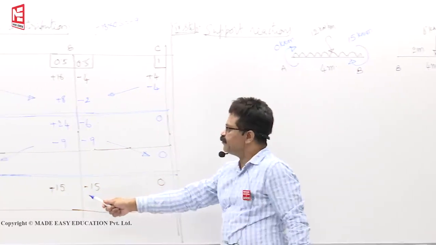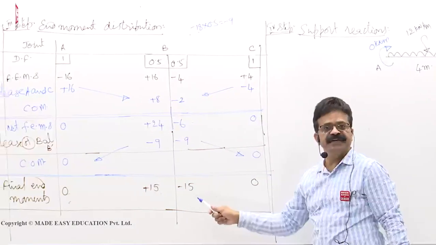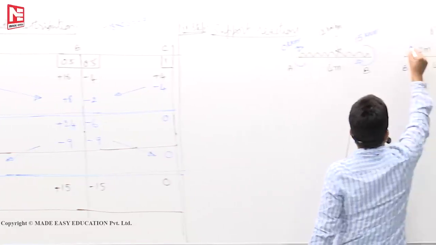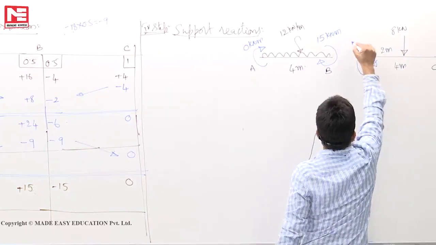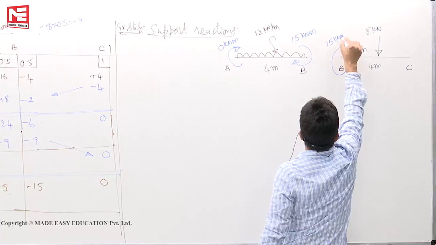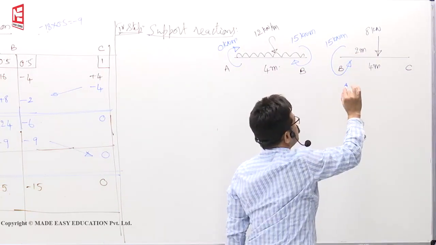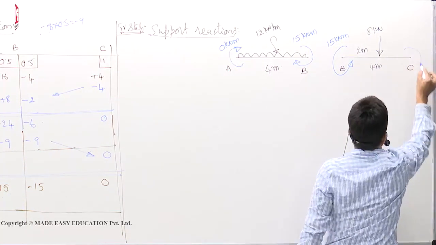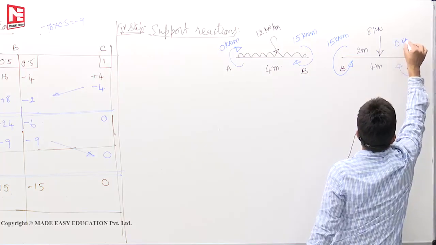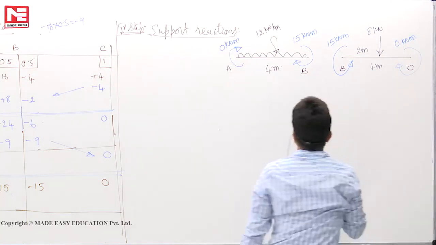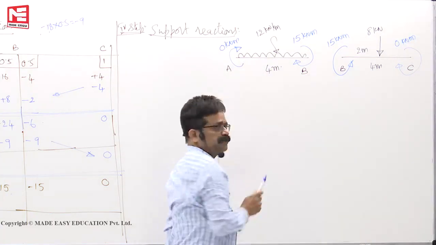Now at B, for the member BC, minus 15. So you must show minus 15, which means anti-clockwise, like this. Minus 15. Now here 0. Like this, applied loads and end moments.